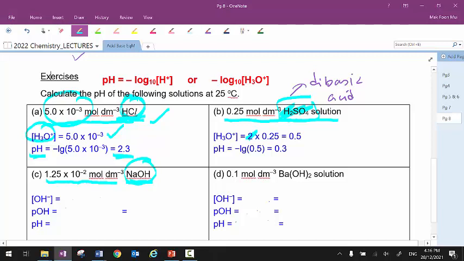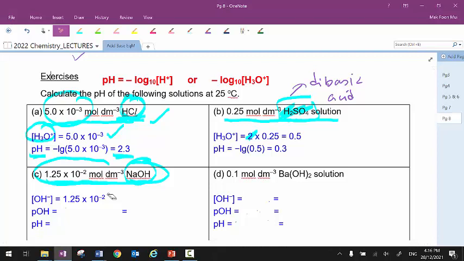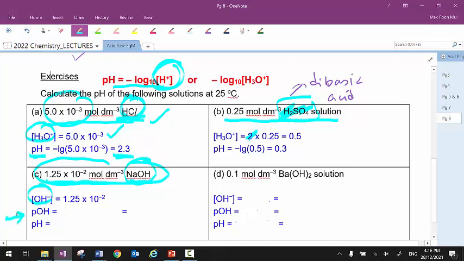So the hydroxide concentration here will be the same as the concentration of the sodium hydroxide, which is 1.25 times 10 to the power minus 2. Now, we cannot straight away find pH yet, because pH is the negative log to base 10 of H plus ions, but this is hydroxide ions. So what do we do? We have to find pOH.